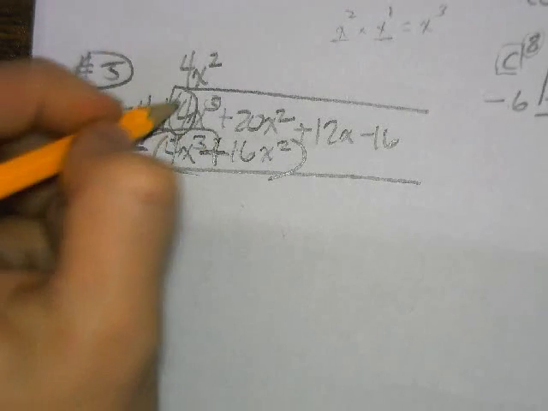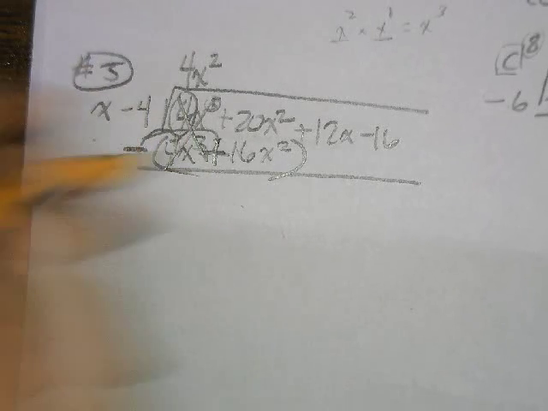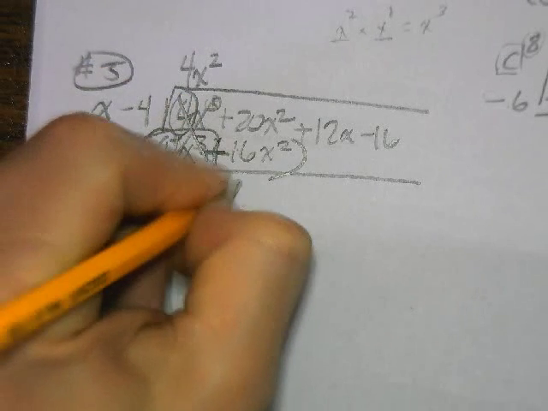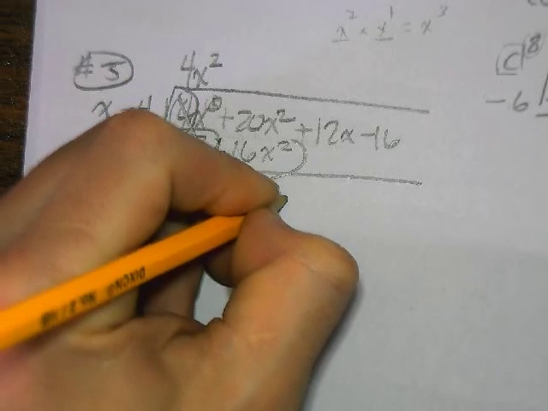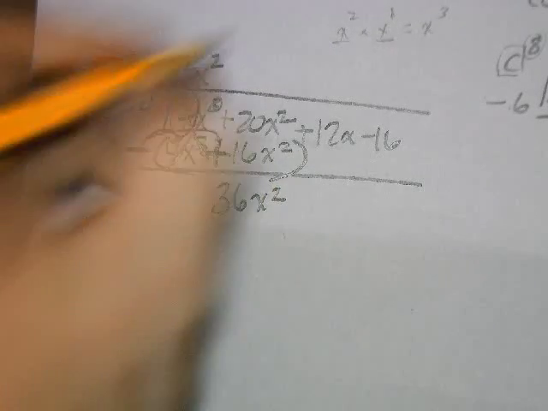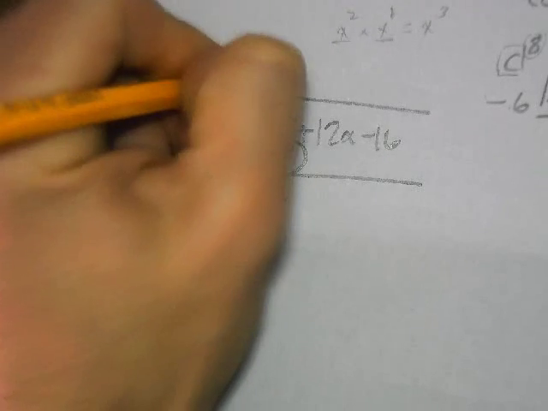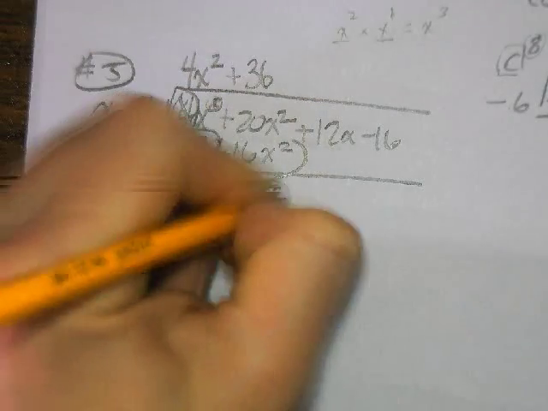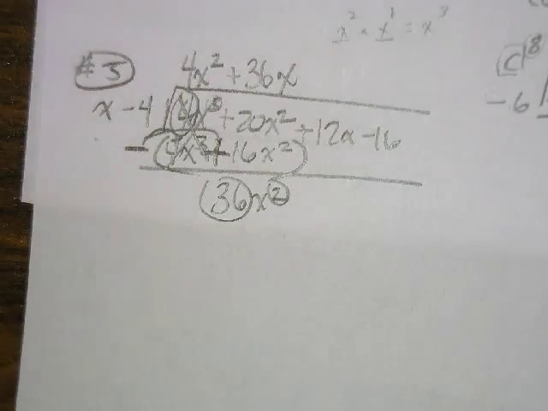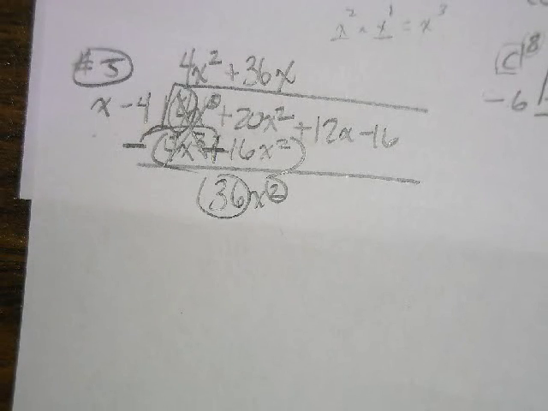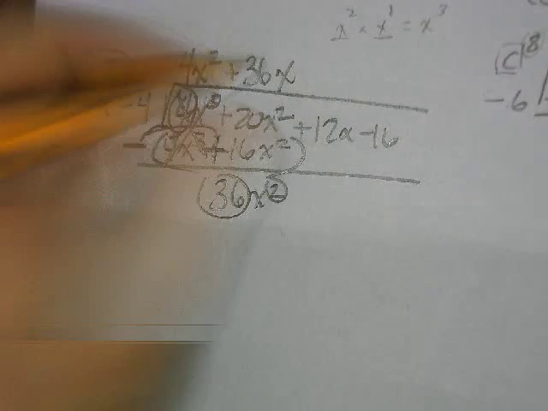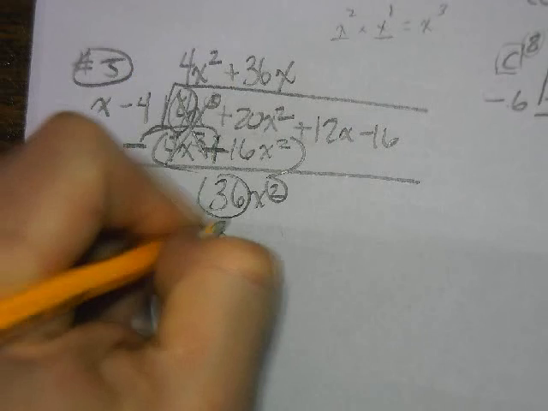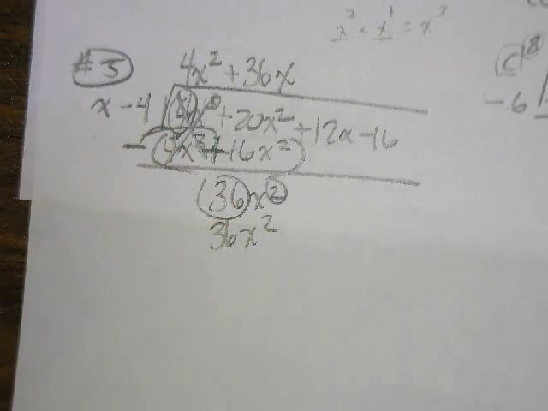Copy this 36 up here, plus 36. Reduce this exponent by 1, so 36x. So it's 36 times x, 36x squared. And then the next one we'll do is going to be 36 times 4.